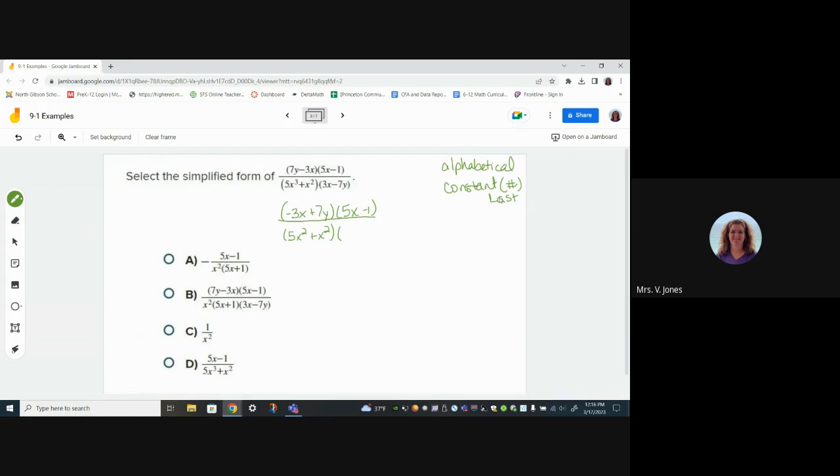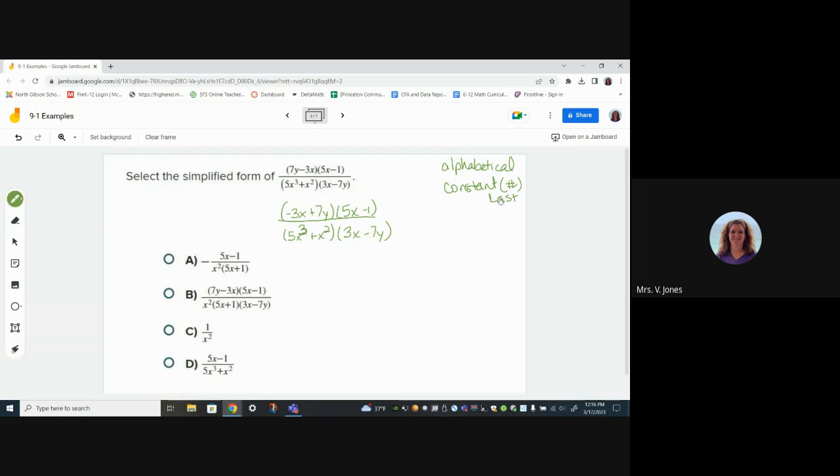That was a 3, by the way. And then this one is alphabetical, so that's good. So if you were looking at these two thinking they were the same, now you see that they're not. This is a negative, that's a positive, this is a positive, that's a negative.